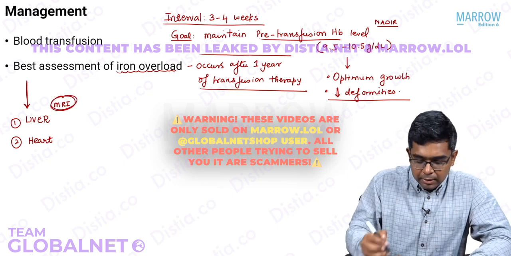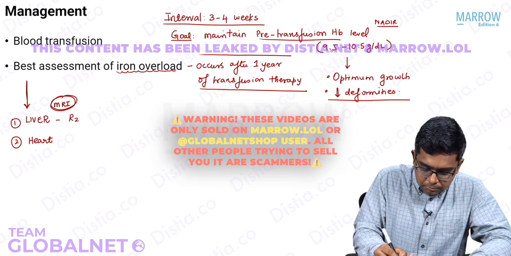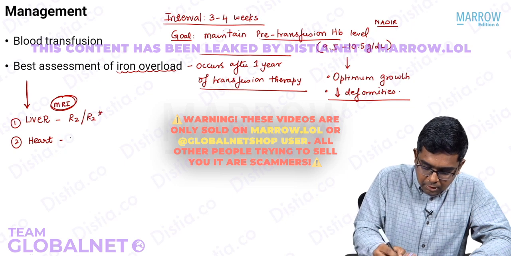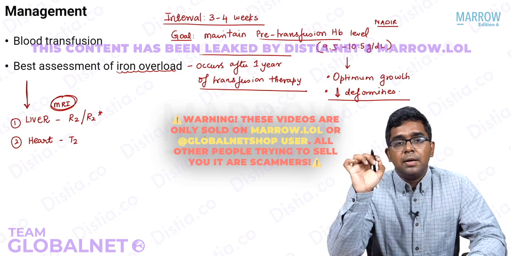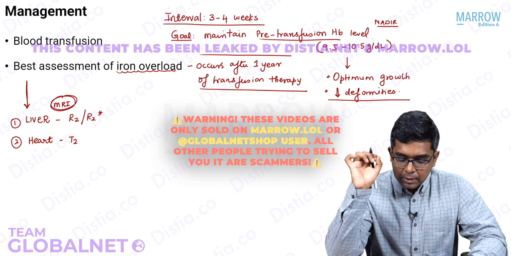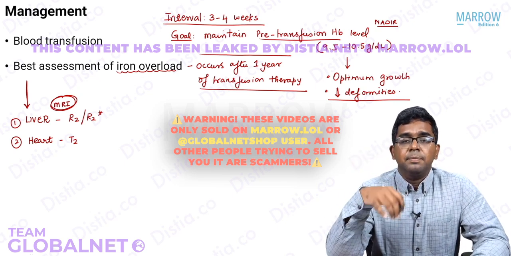Usually the techniques which are useful are R2 and R2 asterisk, and for heart it is T2 weighted MRI. These are the usual MRI sequences which are preferred for estimating the iron overload in case of transfusion dependent thalassemias.